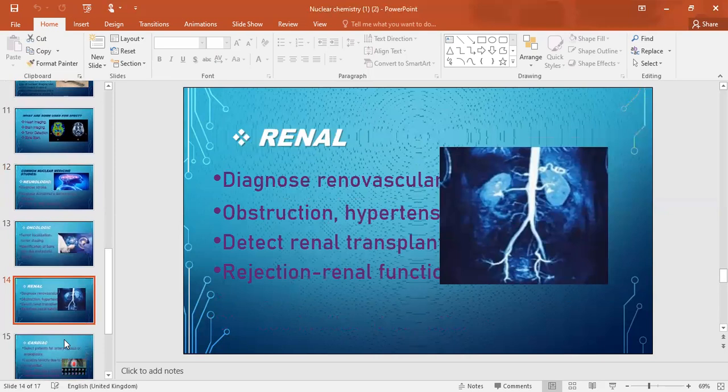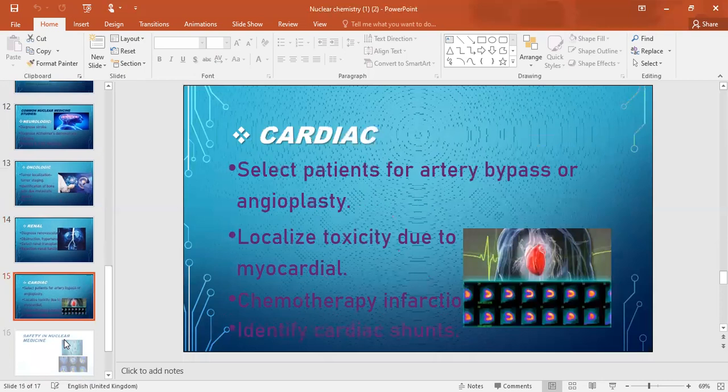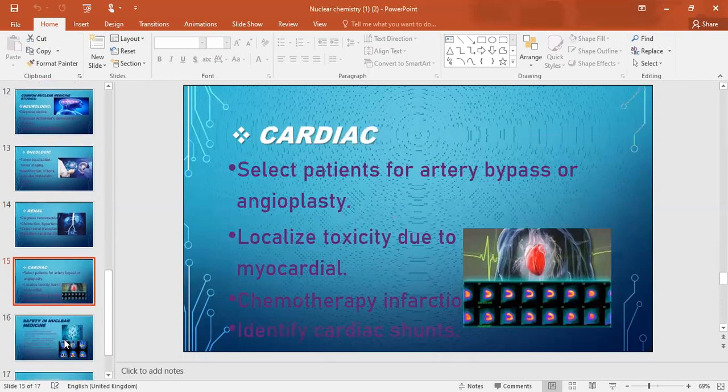Renal: it helps in diagnosing renovascular obstruction and hypertension, and detecting renal transplant rejection or renal function. Cardiac: select patients for artery bypass or angioplasty, localize toxicity due to myocardial infarction or chemotherapy, and identification of cardiac shunts.